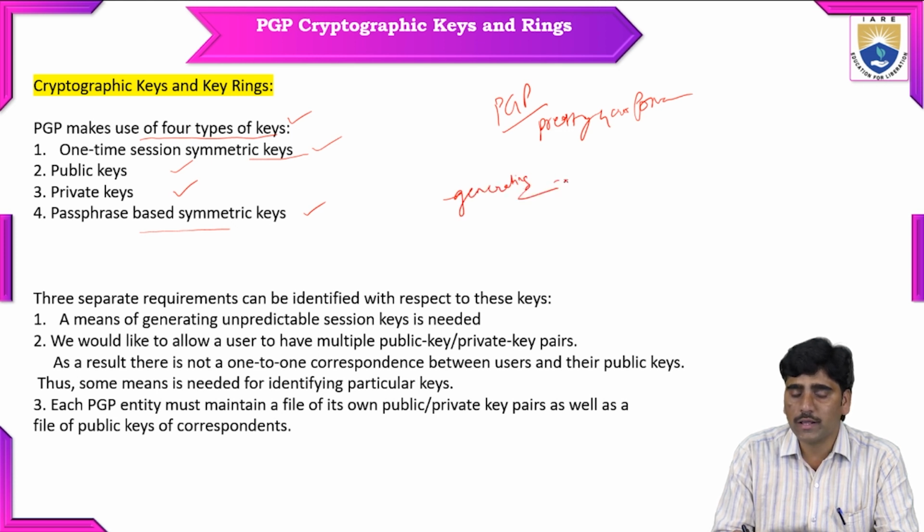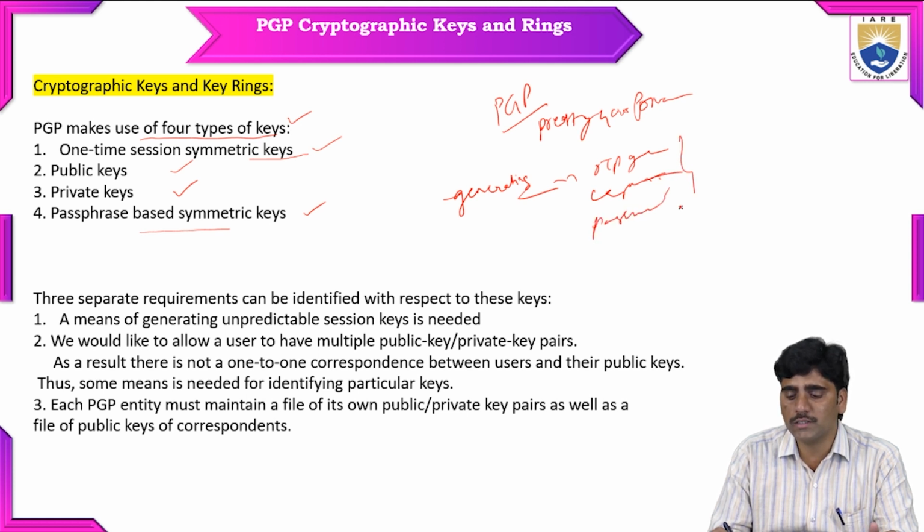In real time, we have seen different types of OTP generation, captcha generation, and password generation. All these applications, OTP generations, captcha generations, or password reset generations, are enabled because these 4 types of keys are present.